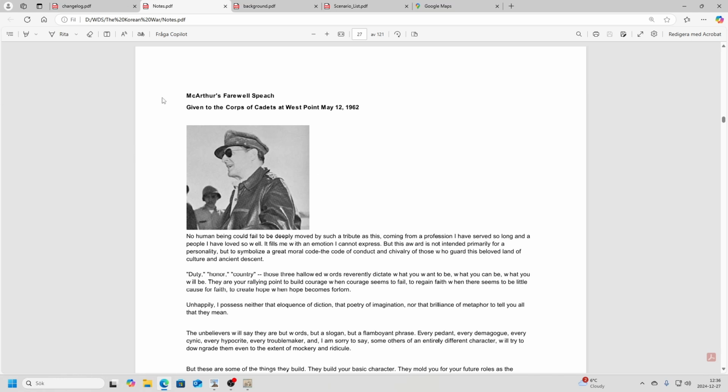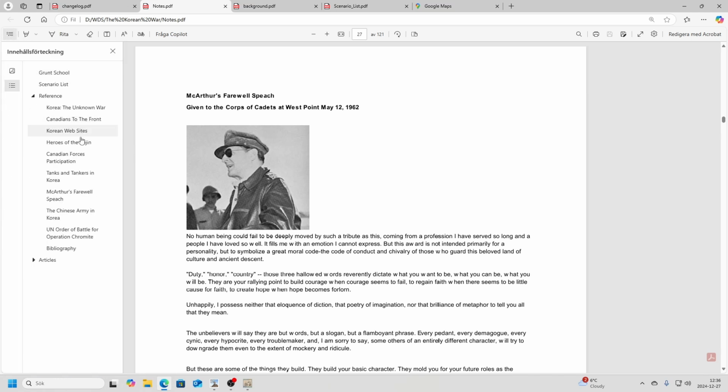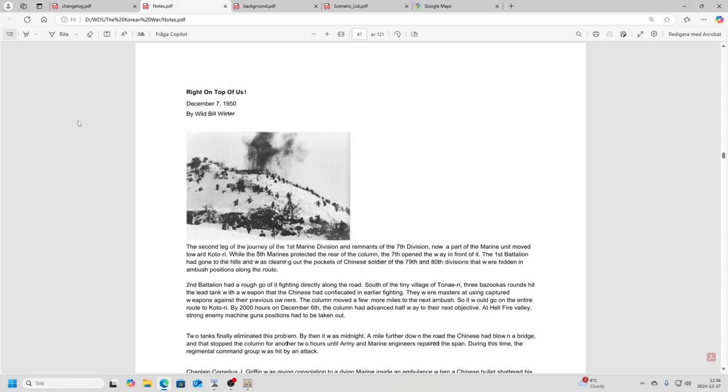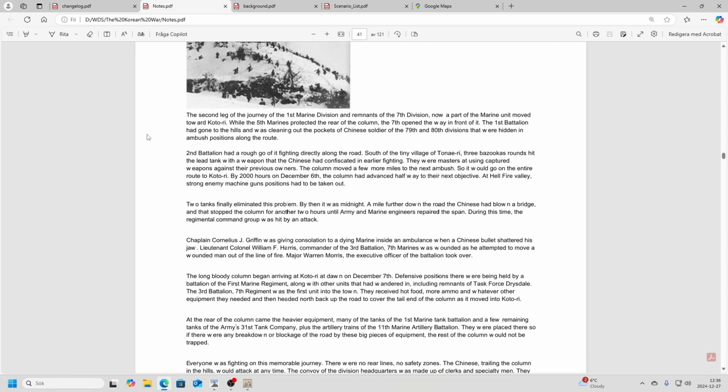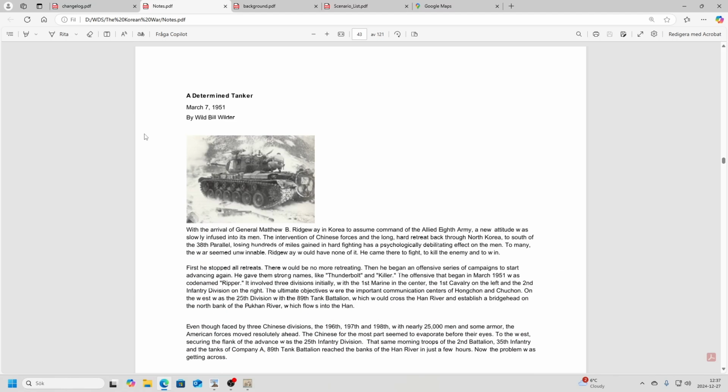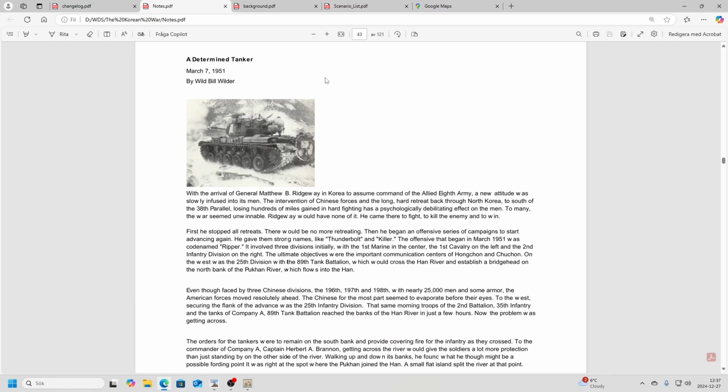They have MacArthur's farewell speech here. It's amazing the stuff that's in here. They have something about the Chinese army. Really, really good notes in this game. And then they have these articles, and there's tons of them talking about different kinds of conflicts that happened, the determined tanker.